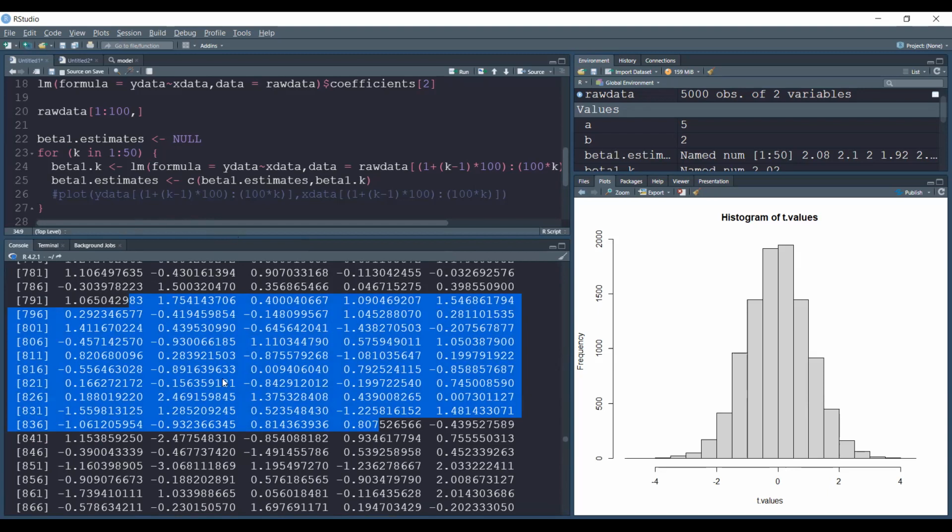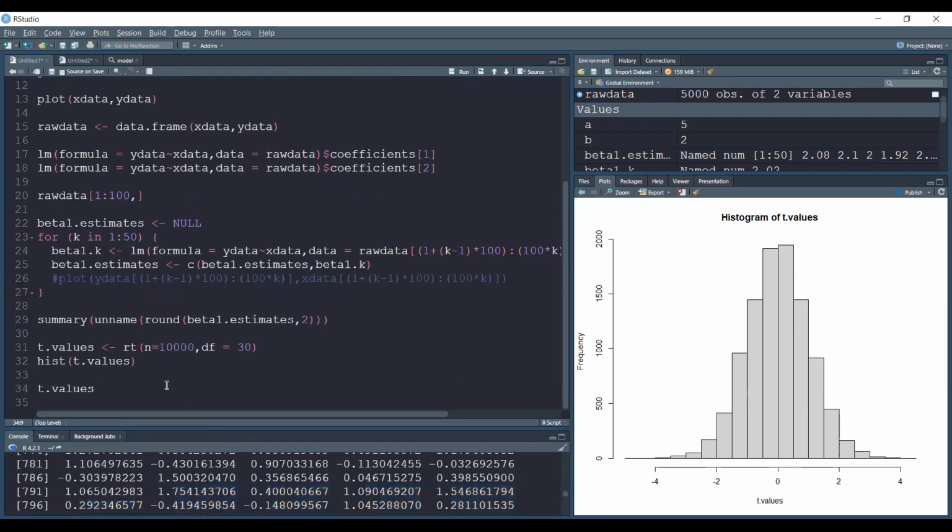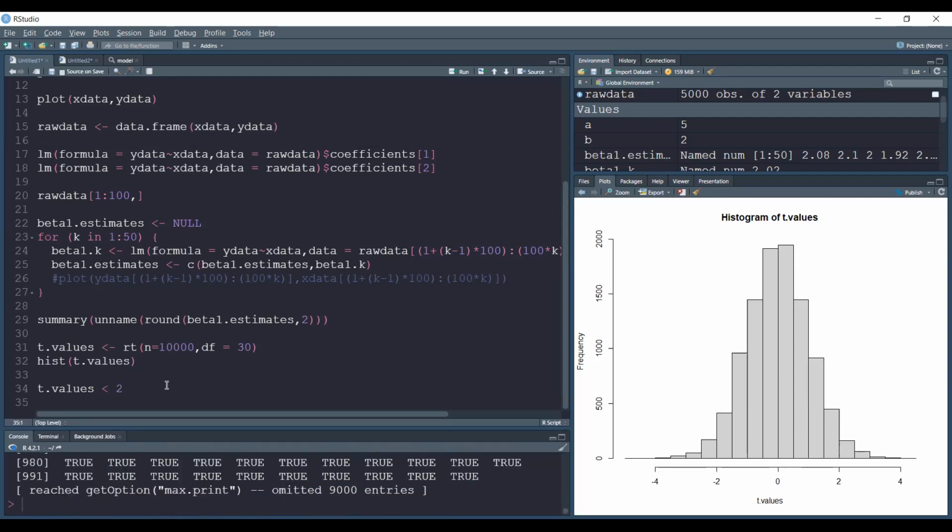And how do we do that? We have t values. Now you could do something with a double equals, to my knowledge, but let's go back to this.